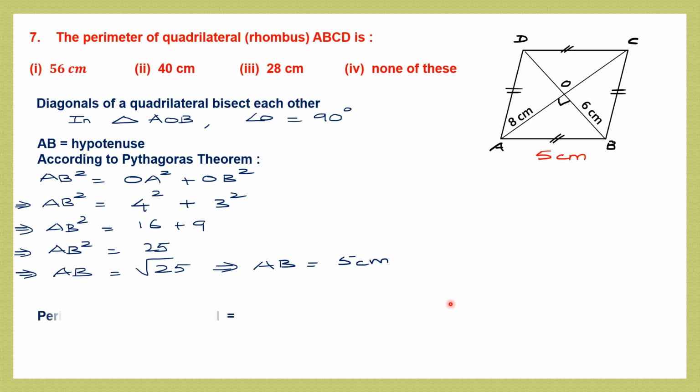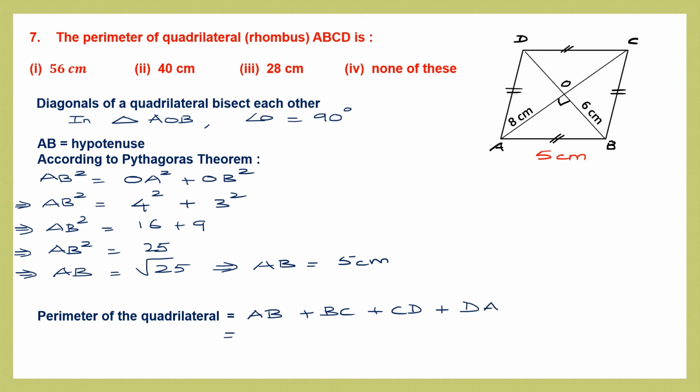So let's write that perimeter of the quadrilateral is, now you can say AB plus BC plus CD plus DA, or you can say 4 into side and multiply this side. Okay, so we can do it any one of the ways. So let's write AB plus BC plus CD plus DA.